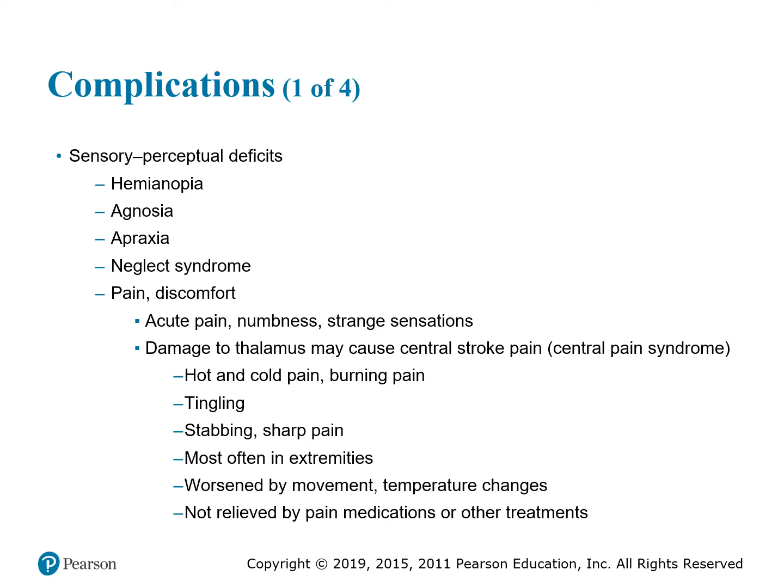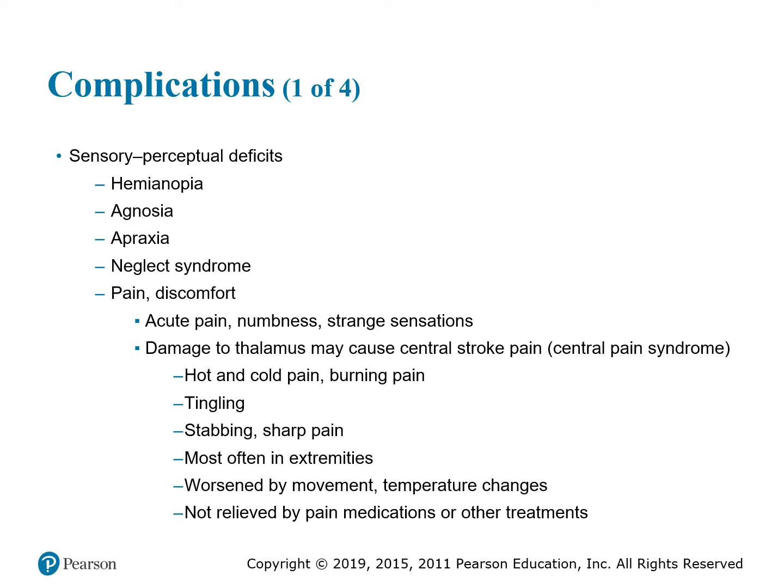And then pain and discomfort. You may see this with a stroke. You may have acute pain, numbness, or strange sensations, tingling, burning, stabbing pain, and you'll see this in the extremities. It's not uncommon, but damage to the thalamus may cause central stroke pain or central pain syndrome.